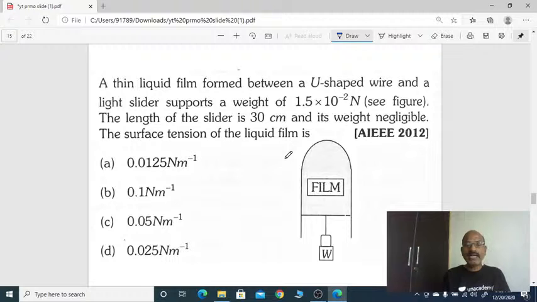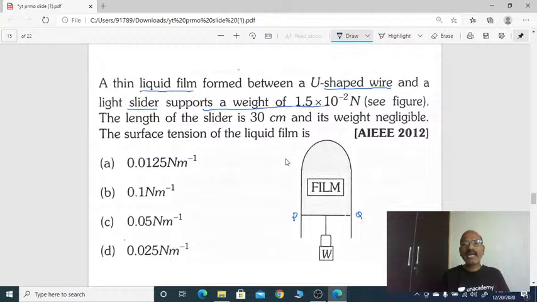A thin liquid film is formed between a U-shaped wire and a light slider. See, this is the U shape, this is the thin film formed, right? PQ is the slider, which can move freely.